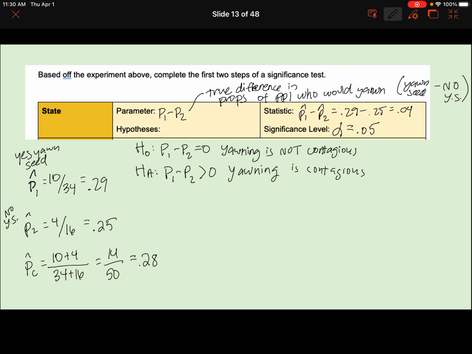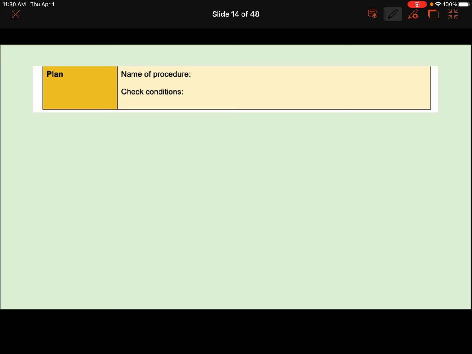Okay, then we have to plan this. So the name of the procedure, we haven't done this one yet, so this is new. The 2-sample z-test for p1 minus p2. And then checking conditions, this is just what we went over in the notes.